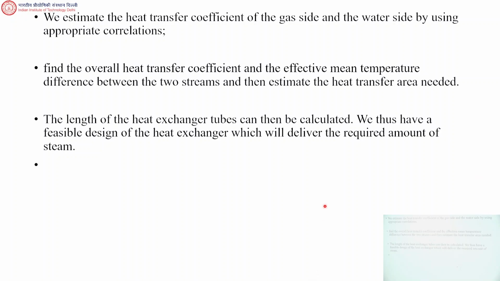And what do we do after this? We can calculate the heat transfer coefficient on the gas side and also on the water side. How? The way you used to do this in your undergraduate heat transfer, because you used to calculate heat transfer coefficient with the help of various correlations, isn't it? Now the correlations here will change.